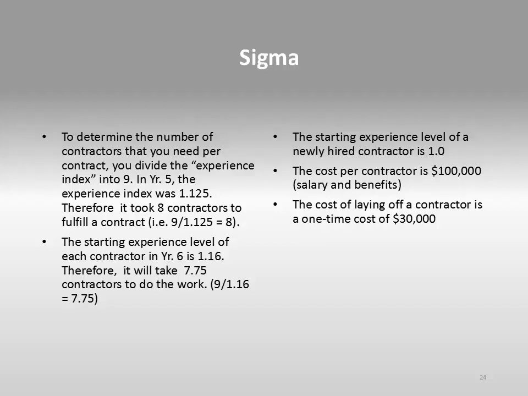So when you do the calculations, you'll have to take some sort of weighted average of the total amount of contractors that you will need to do the job. The cost per contractor, whether old or new, is $100,000, and if for any reason you decide to lay off a contractor, you will incur a one-time cost of $30,000.